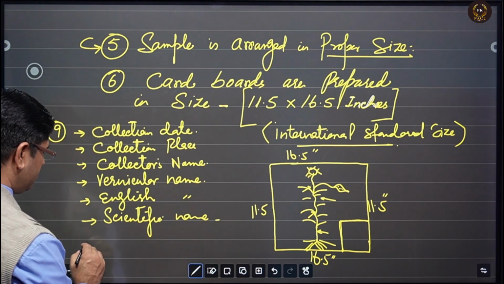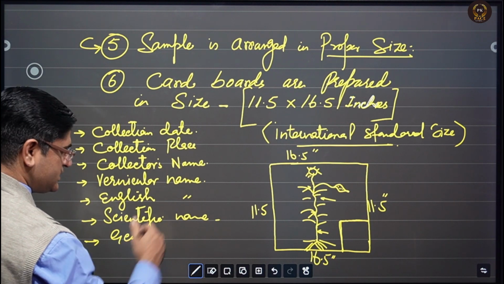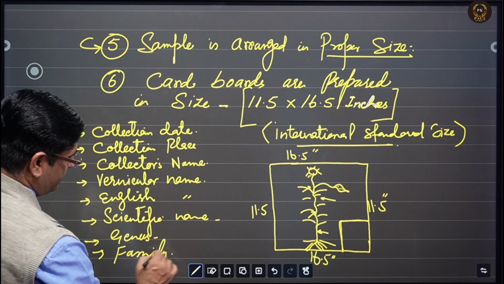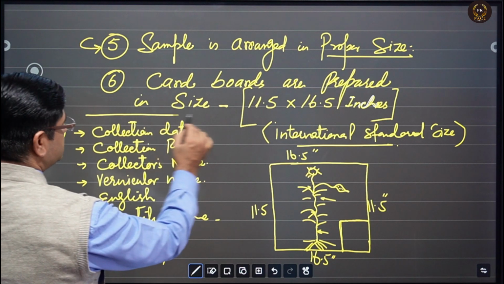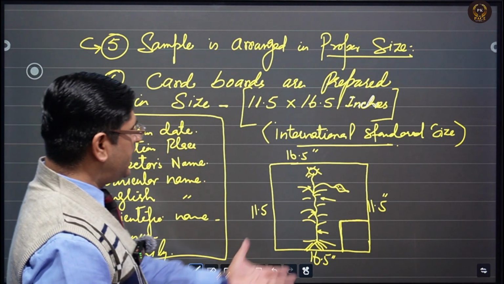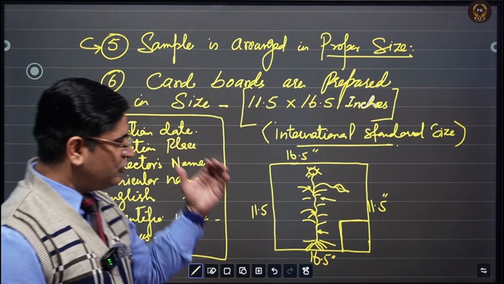That is going to be written. Then what is the genus, and what is its family, which family it belongs to. So this type of information is written at the lower right corner.